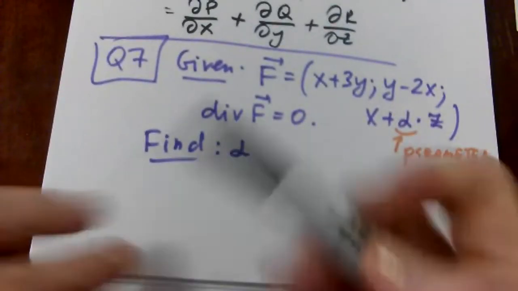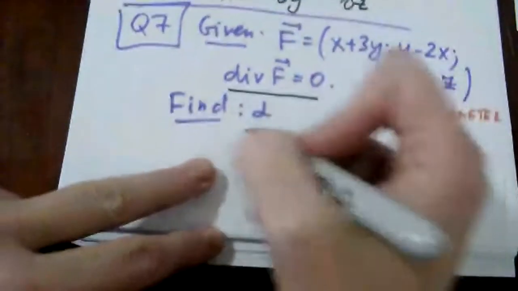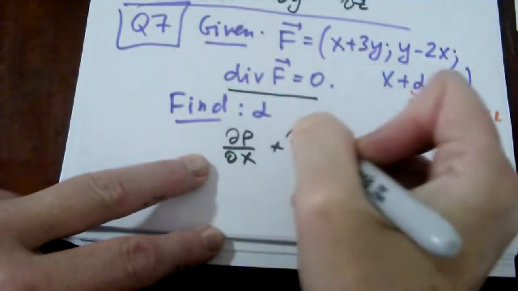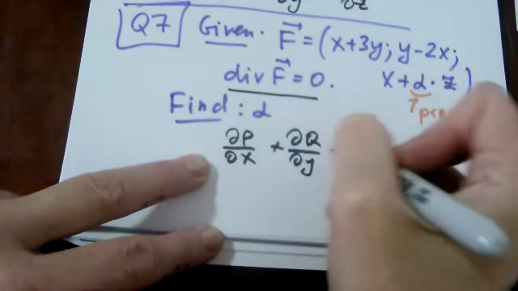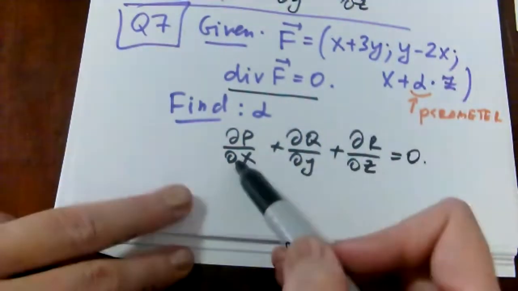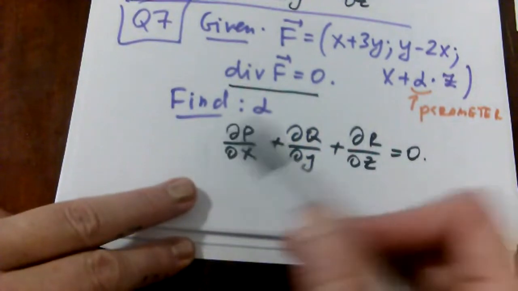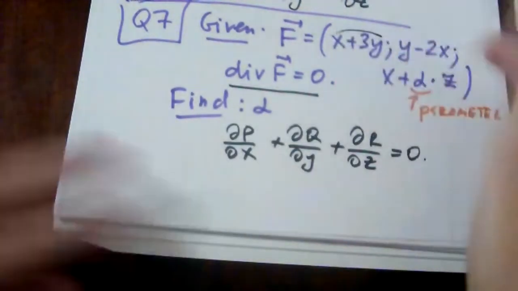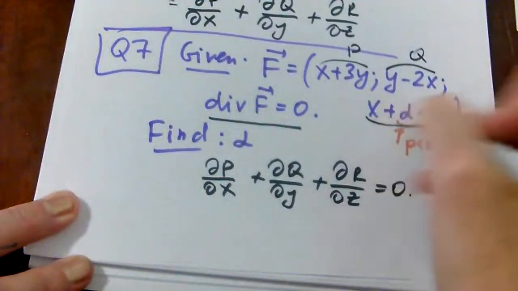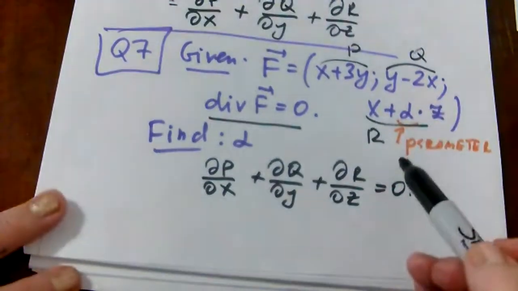Okay, let's write down our divergence. So divergence is equal to 0. It means that this expression, dp over dx plus this partial derivative plus this one, is equal to 0. So now we need to substitute our partial derivatives. This is p, this is q, and the last component is r. This was my notation.